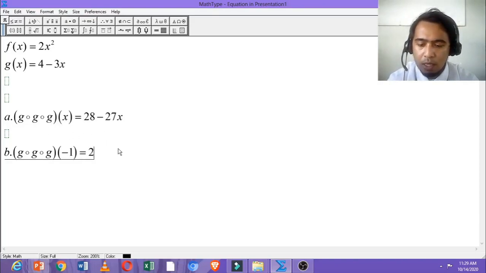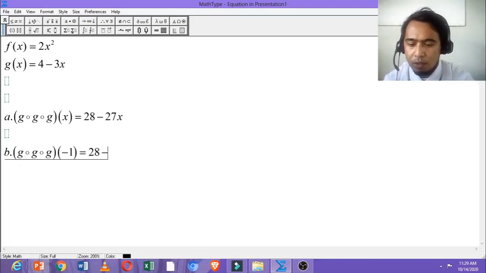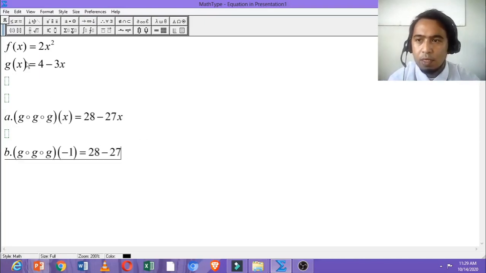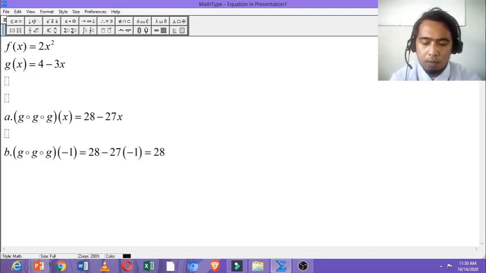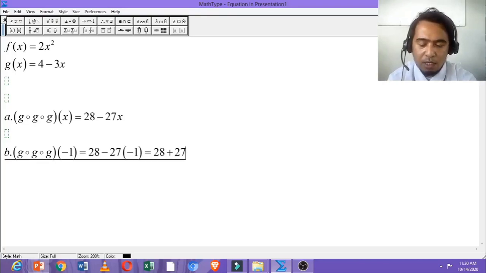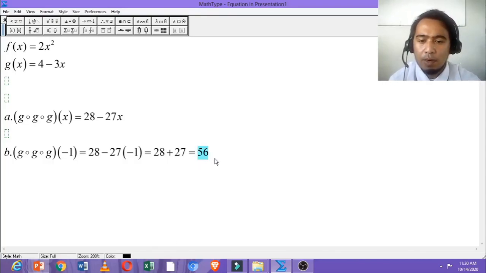So it will be 28 minus 27 times negative 1. They are both negative, so it is now 28 plus 27, and this is just equal to 55. That is for letter B.